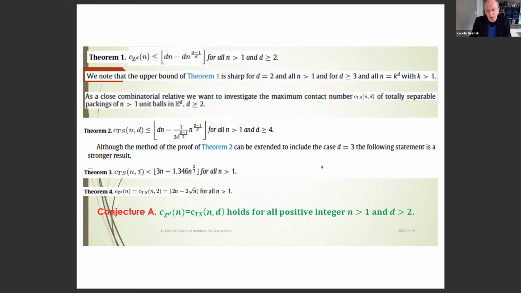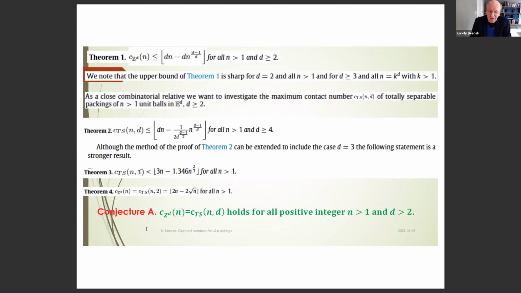If we move to totally separable packings of unit balls in d-space, the upper bound that we could prove, which you see here, is still of the same character: d times n is the leading term, and there is an isoperimetric term subtracted with this factor. In 3 dimensions, the best upper bound is in Theorem 3.